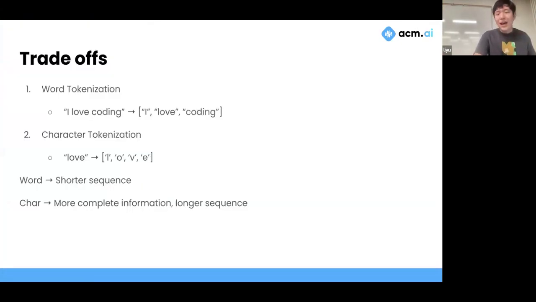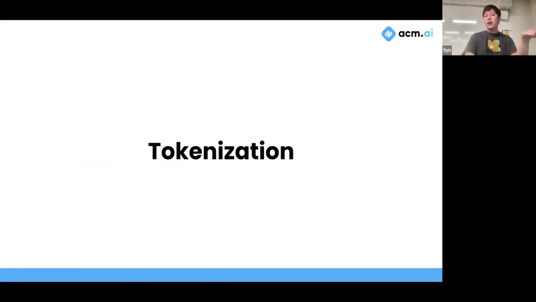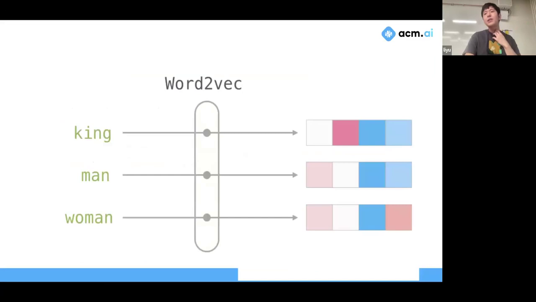Right. So now we have learned how to tokenize words. We can then convert these tokenizations into actual embeddings. To answer the question of how these embeddings are actually learned, the answer is basically by feeding these embeddings into a model that does some downstream task.